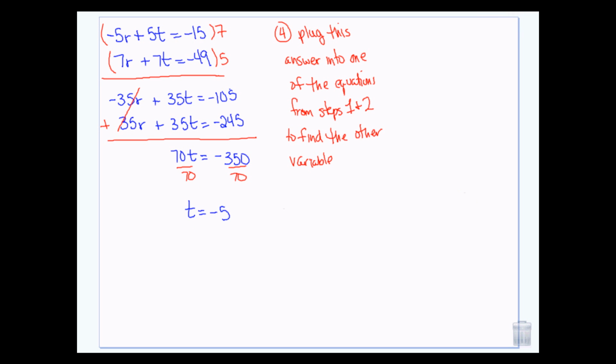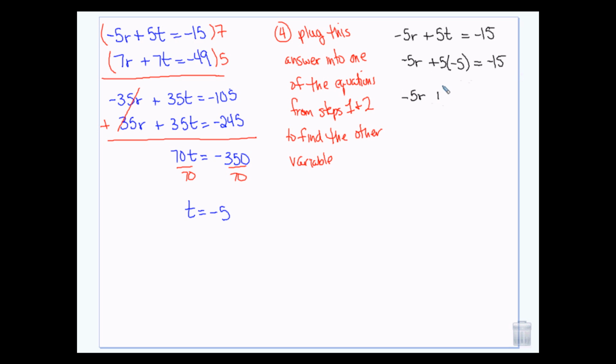I'm going to use t to find r. So I'm going to come back and pick either one of these. I'll just pick the top one because 5s are easier. But it doesn't matter. I would get the same answer no matter which one I used. I'm going to plug t in. So I get negative 5r plus 5 times negative 5 equals negative 15.